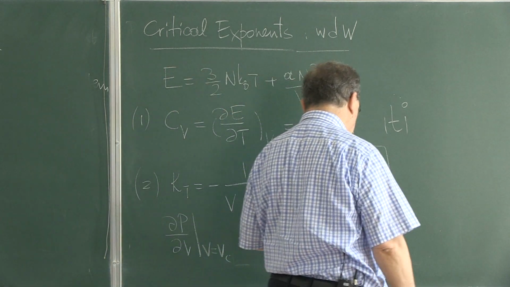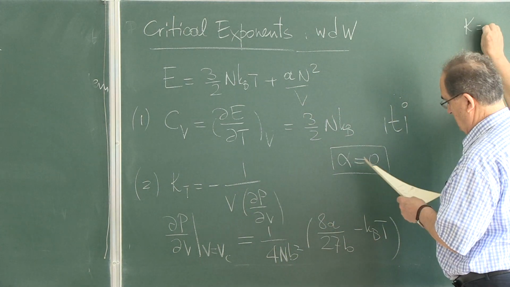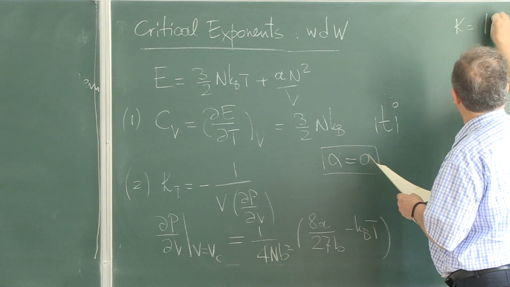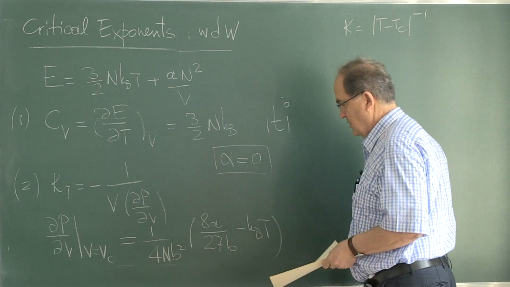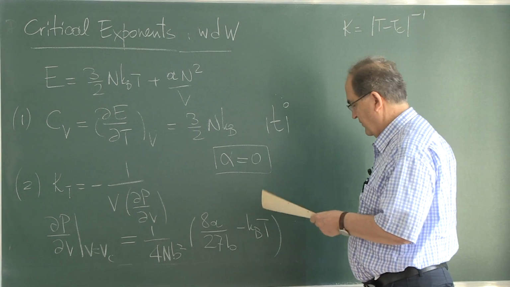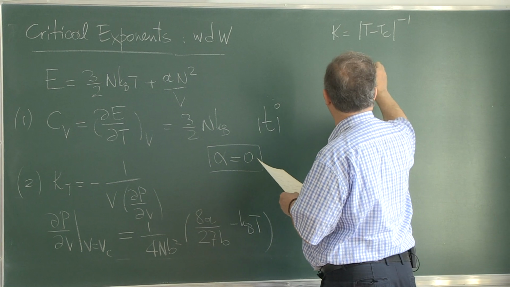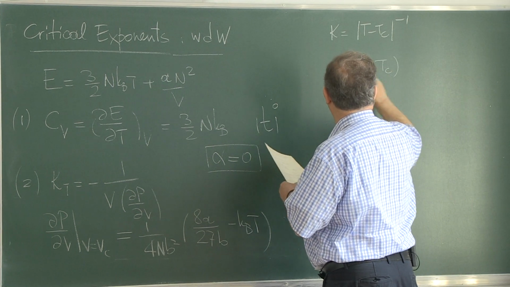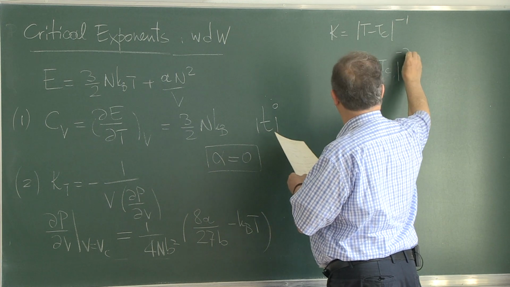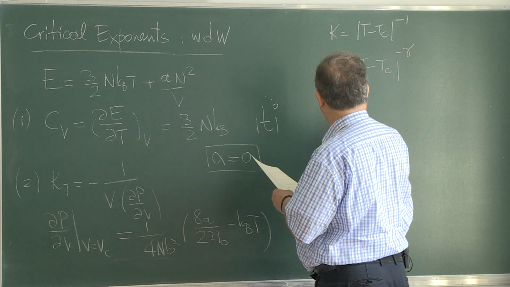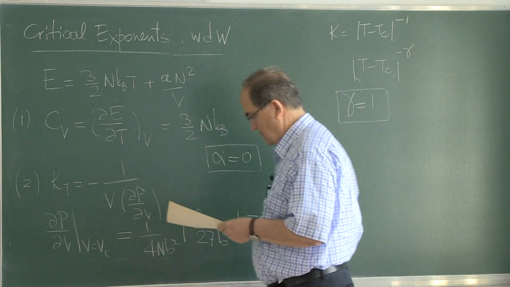So kappa goes like T minus Tc to the power minus 1. Okay, check that. Since it must be T minus Tc to the power minus gamma, gamma turns out to be 1.